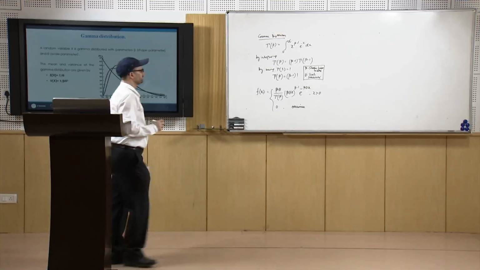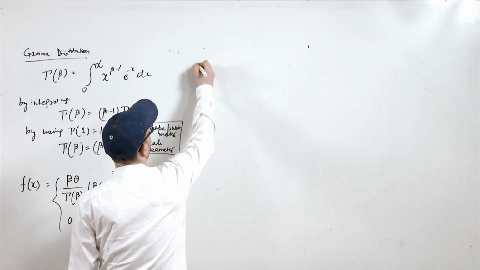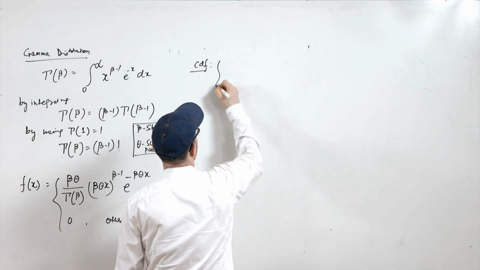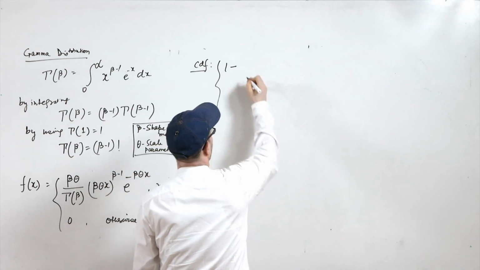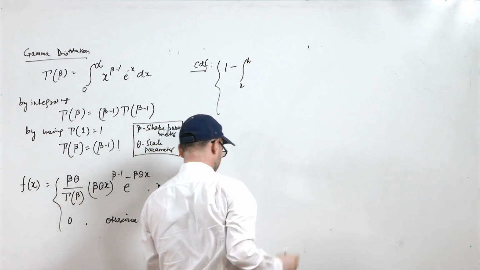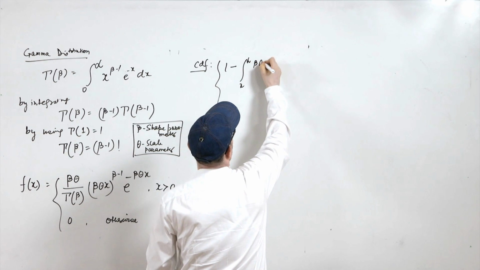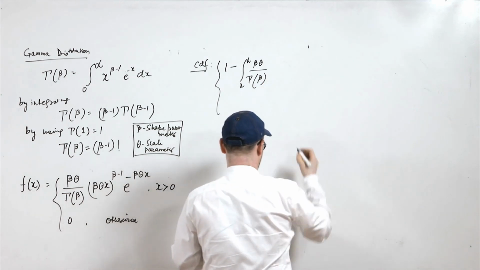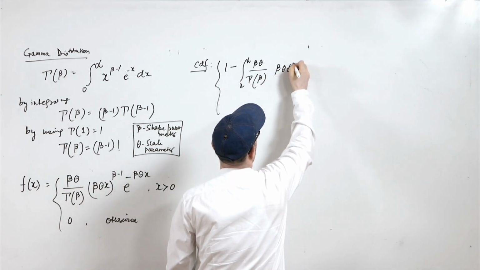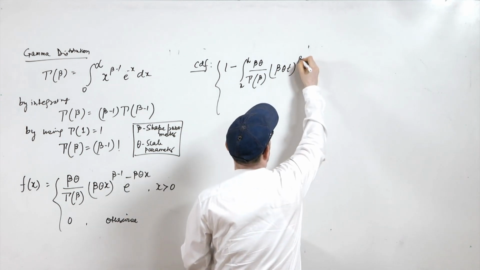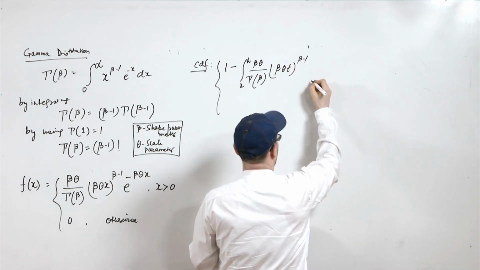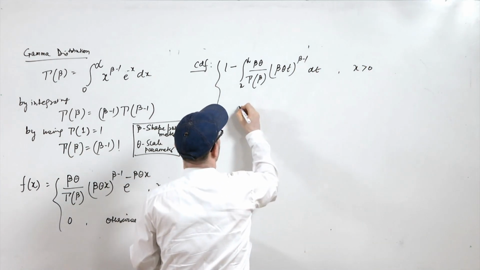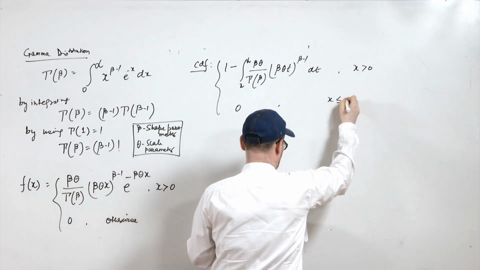For the gamma distribution function, the CDF is defined as 1 minus the integral from x to infinity of beta theta upon gamma beta, times (beta theta t) raised to beta minus 1, dt, for x more than 0, and 0 for x less than or equal to 0.